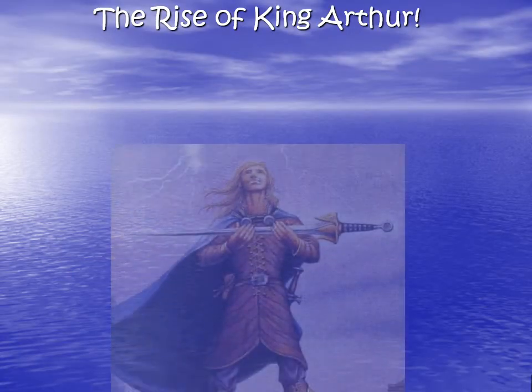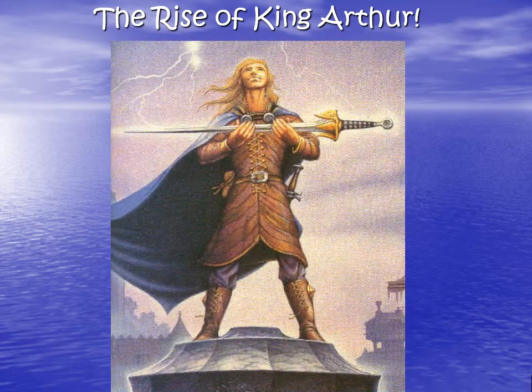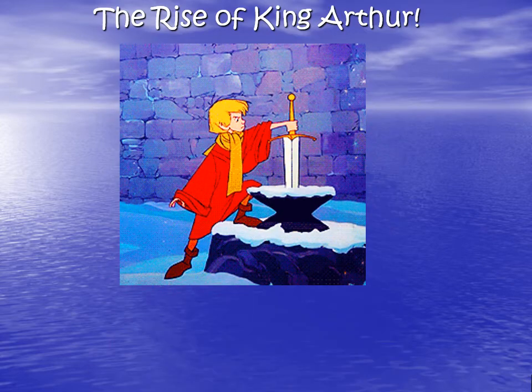The rise of King Arthur. Oh. So this is exactly the time in history that King Arthur is supposed to have arisen according to mythology, according to certain early documents. I teach a course on King Arthur, and we cover all of that.